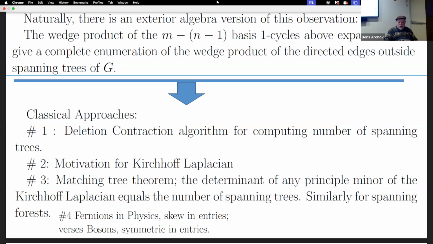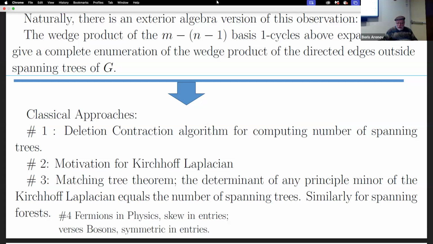When you use the mesh matrix, there's another sign that comes in, and some of them are listed with +1s and some with -1s, depending upon an orientation issue. There's an orientation associated to the choice, and that determines a sign. So the two different exterior algebra ways of enumerating the trees are not identical in terms of sign, interestingly.